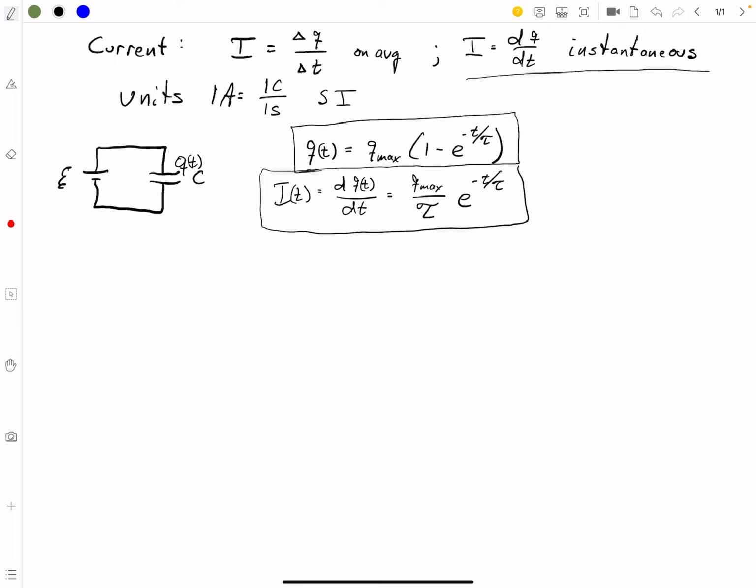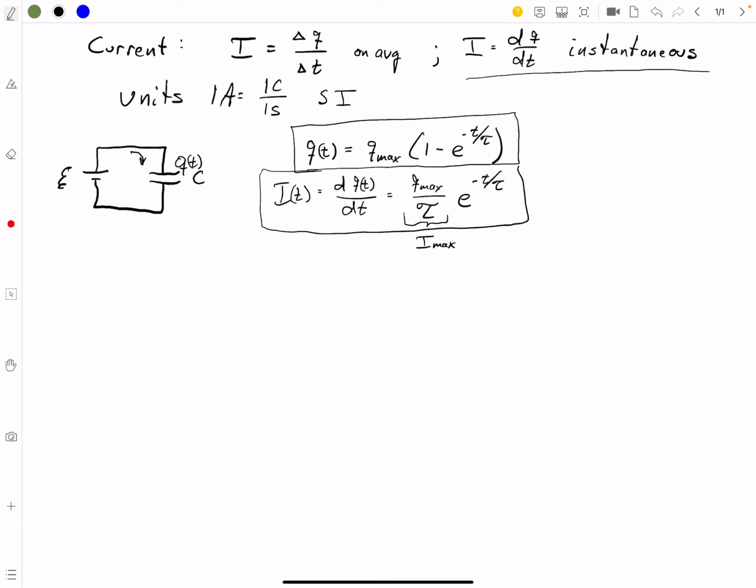We've got our Q max over tau. The most current we're going to have is I max, and that is when t equals 0.